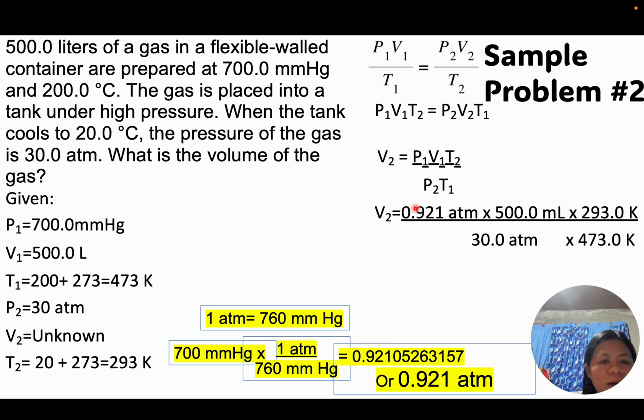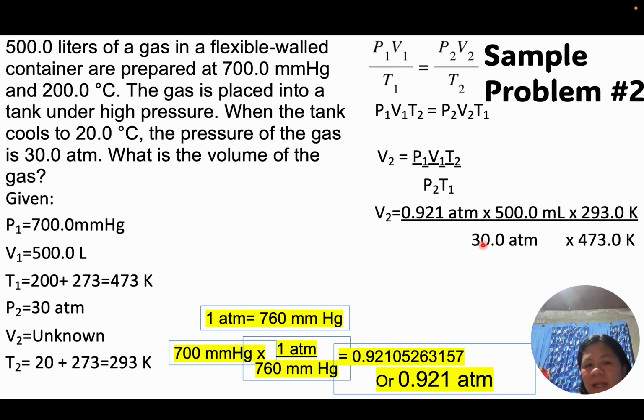Ang P1 natin, from 700 mmHg, naging 0.921 atm. And then, ang V1 naman natin is 500 liters. Ang T2 naman natin is 293 Kelvin. Ang P2 naman natin is 30 atm. And, ang ating T1 naman is 473 Kelvin.